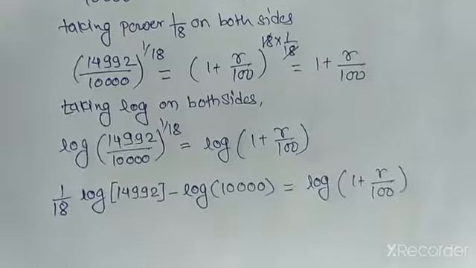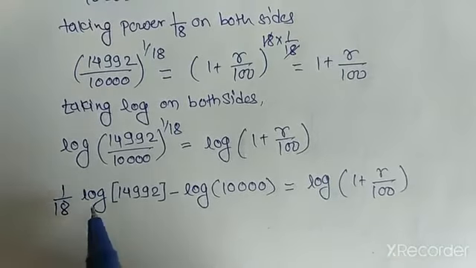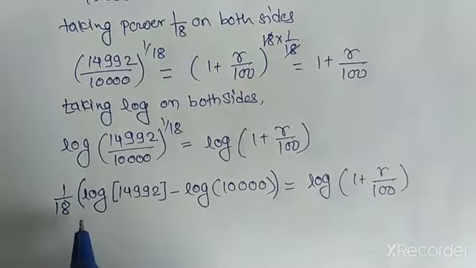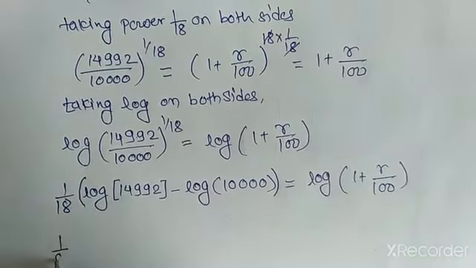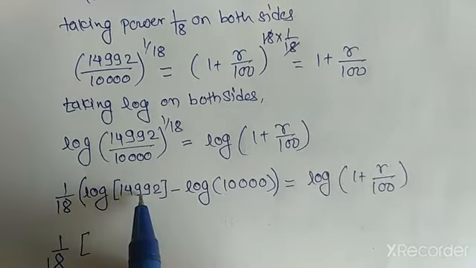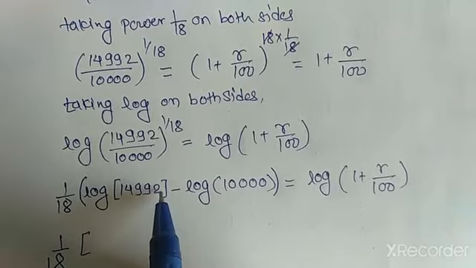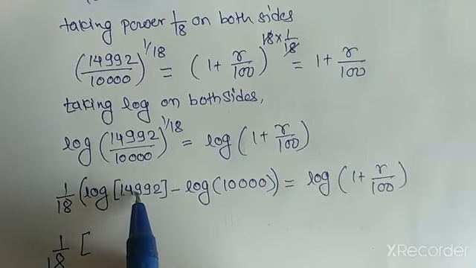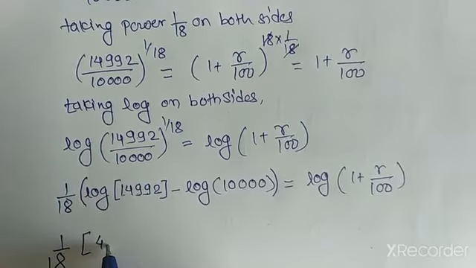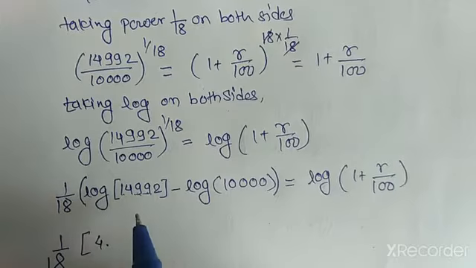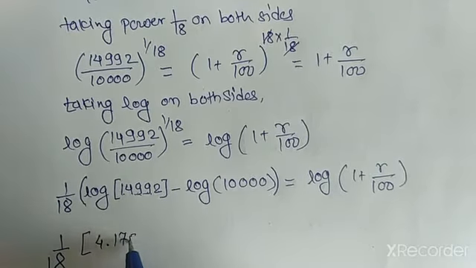Okay, now here 1 upon 18 into bracket, its calculation: log of 14,992, its characteristic will be, 1 2 3 4 5, so its characteristic is 4, and mantissa from the table is 1759.